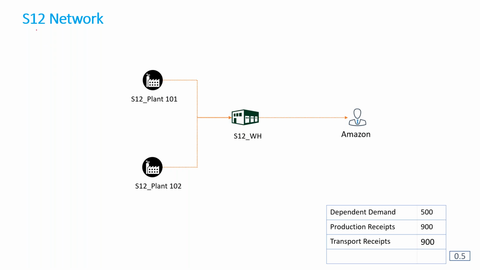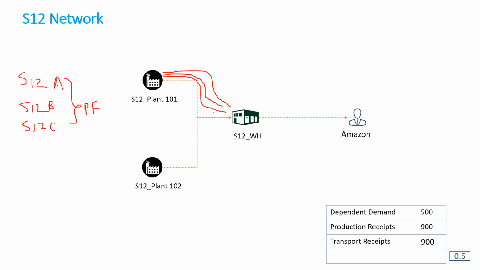For example, there is a product called S12, S12A, S12B, S12C, etc. These 3 product IDs all belong to something like a product family. All these 3 products will get shipped from plant 101 to the warehouse, so 3 records are maintained between plant 101 and the warehouse. Now when you maintain a transportation constraint, you will go and say that for my S12B product, do a shipment of only 100. That is the normal constraint that you keep.